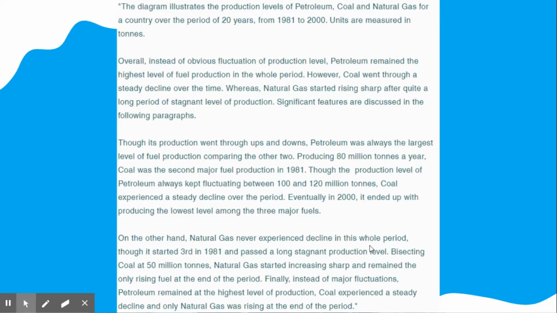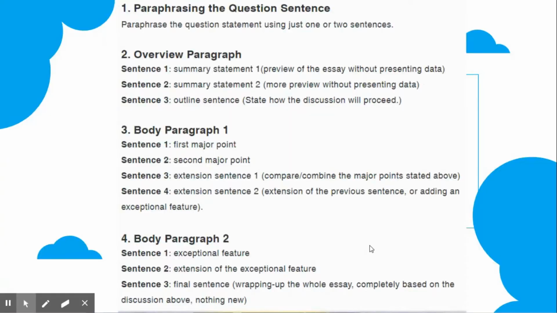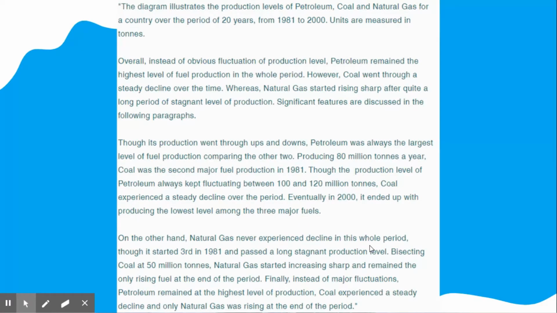Now look at paragraph 2, the overview paragraph. That's only the summary of statement 1 and statement 2 and the outline sentence, which is how you will continue your writing in paragraphs 3 and 4. Let's have a look at the model answer again. So overall, that's the sign word for overview or summary, right?